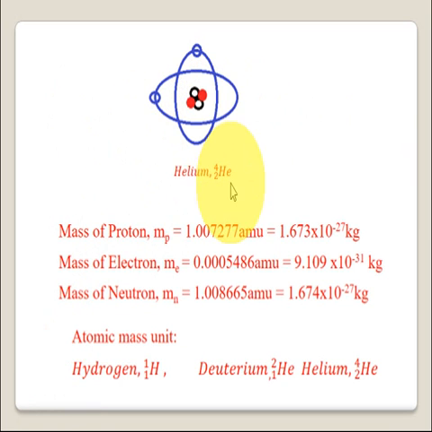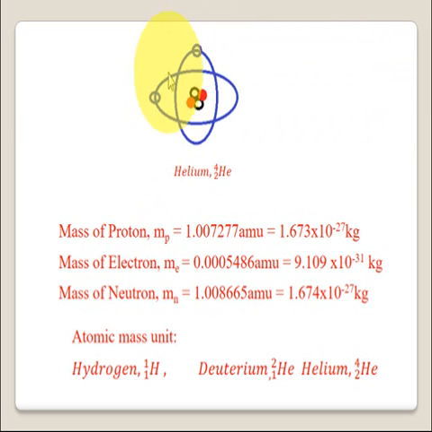This is the typical helium atom, in which there are two protons and two neutrons which form a nucleus at the center, and around the nucleus we have electrons which are orbiting in orbits.